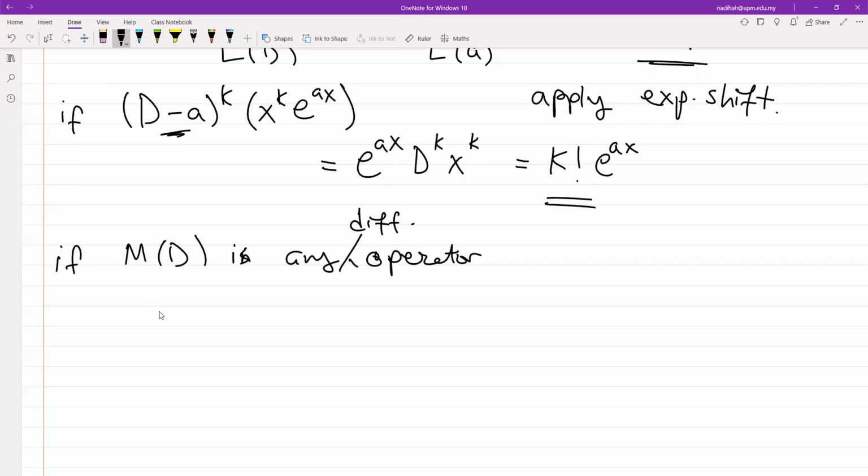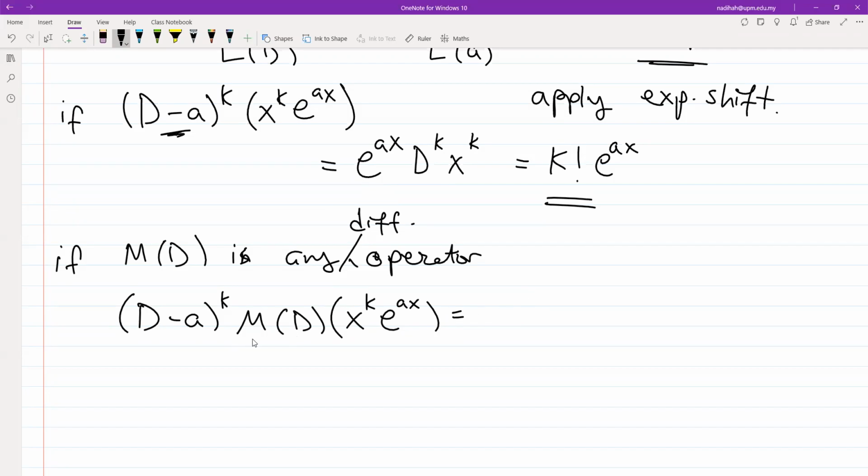Saya masukkan (D minus a)^k times for any linear operator x^k e^(ax).